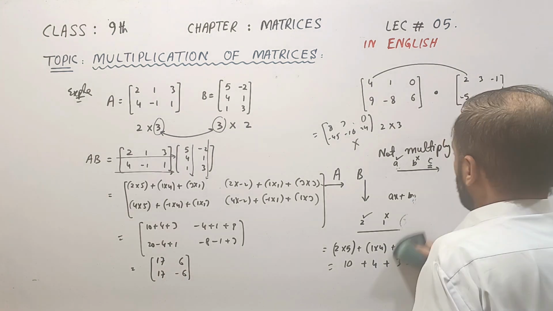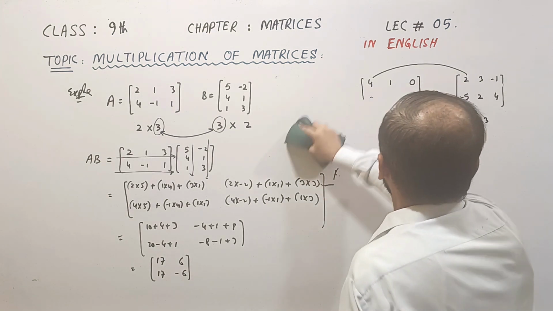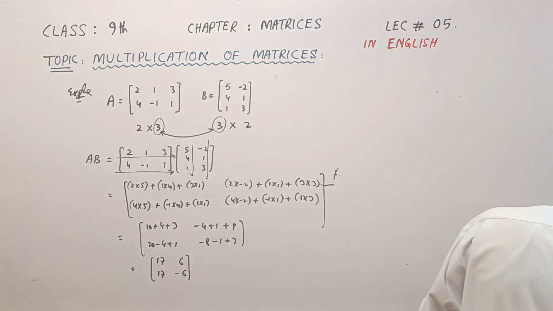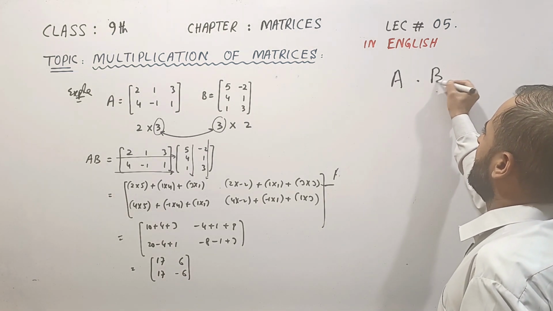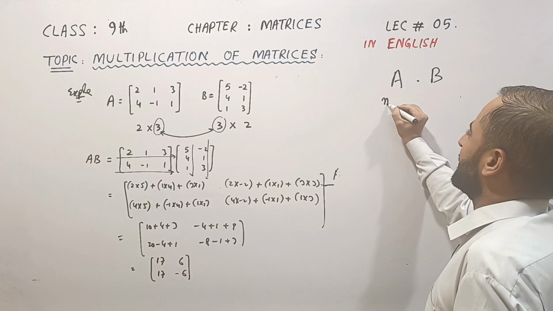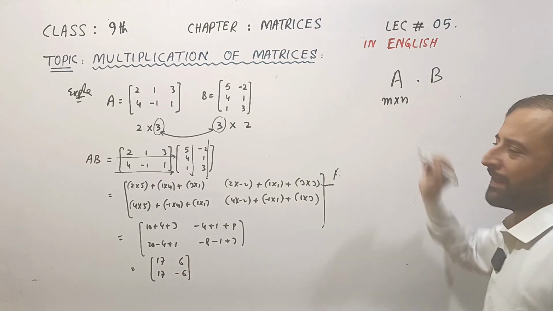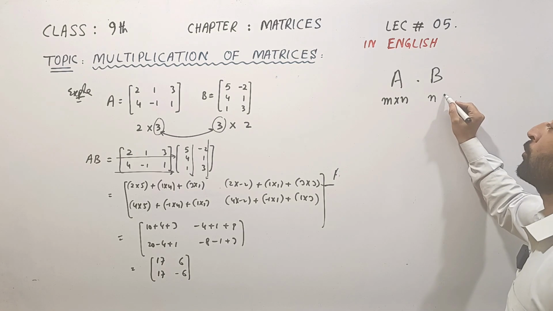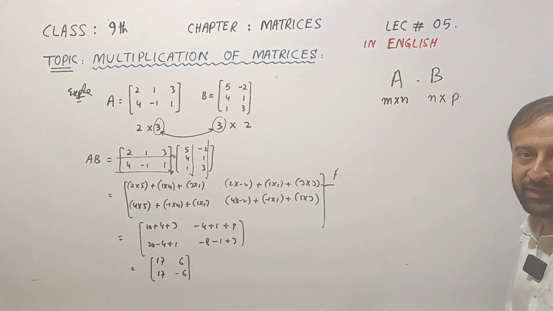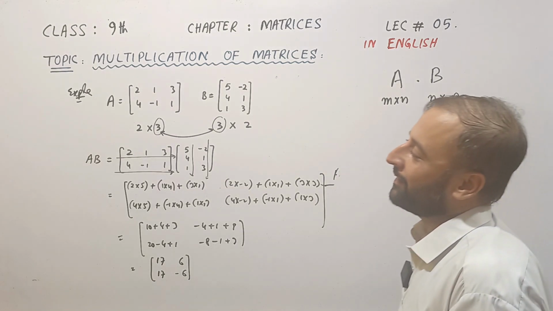Now, remember that we have two matrices A and B. Let's say the size of A is M by N, having M rows and N columns, and B is another matrix which has N rows and P columns. That's what I mentioned at the beginning.